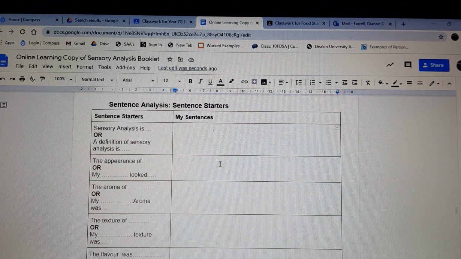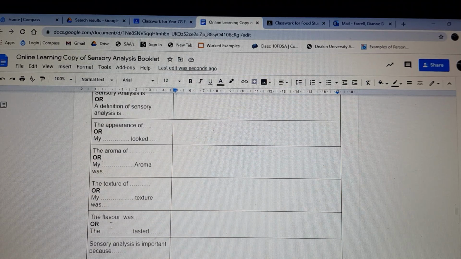Appearance will become the planning for paragraph 1. Aroma will be the planning for paragraph 2. Texture will be the planning for paragraph 3. Flavor or taste, depending on which one you want to use, will be paragraph 4. And then this will end up being down here, your conclusion.